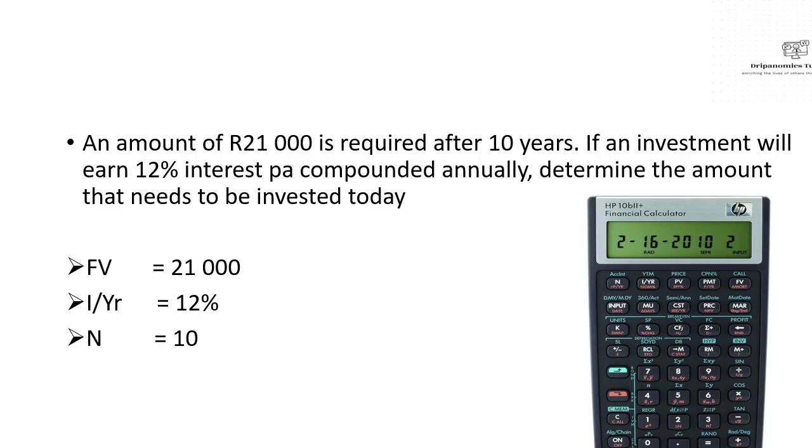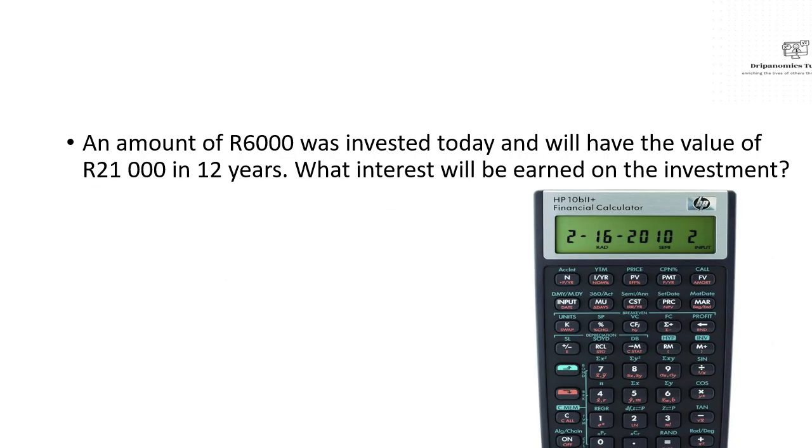Anyone? 6,761.44. Okay, let's see if that's correct. Yeah, perfect. So that is the present value. And if you're not getting that, then you probably did something wrong with entering your figures. Okay, let's move on to the next question.